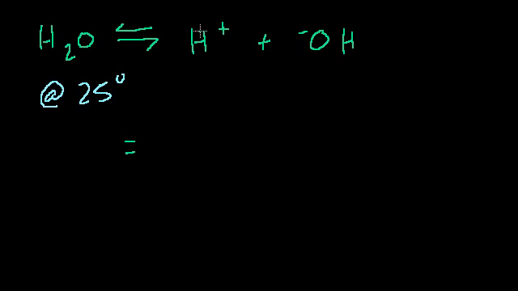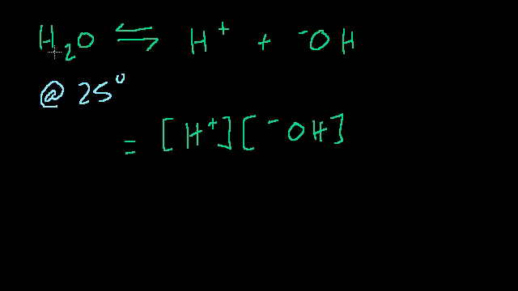as a review, that's the concentration of the products divided by the concentration of the reactants, but the reactant in this case is just water. It's the actual solvent, and it's everywhere. So if you go back to that intuition example, the probability of finding it is 1, so it's just always there.